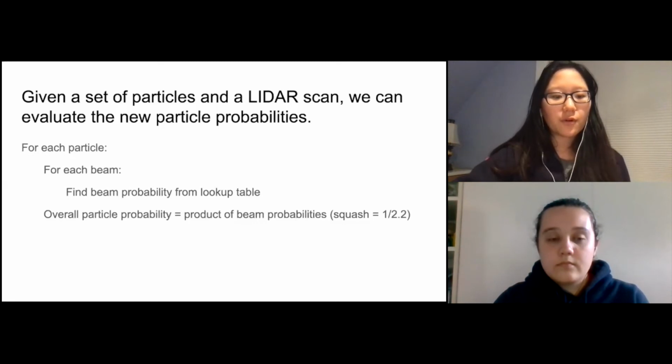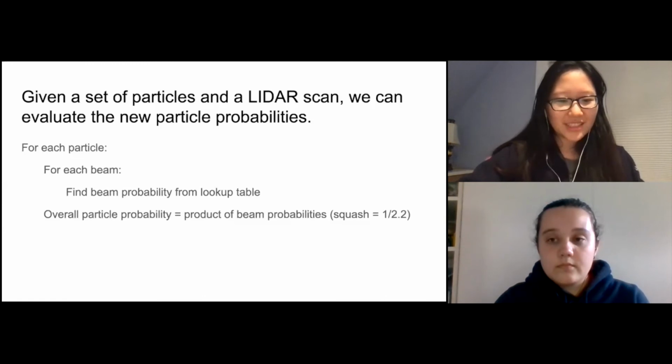To calculate the overall particle probability, we multiply all these beam probabilities together to get a probability for that specific particle.